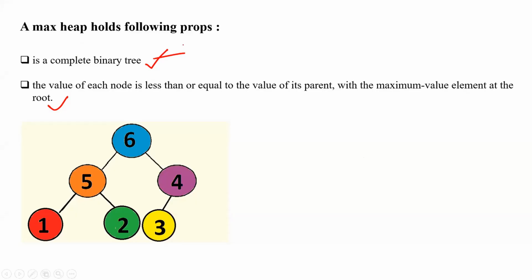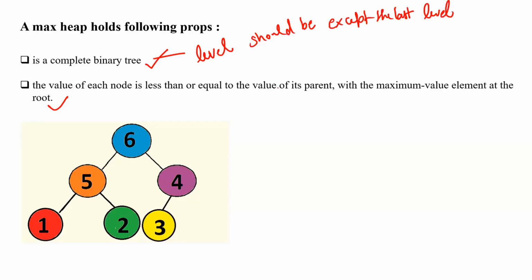First of all, there should be a doubt in your mind. A complete binary tree is a binary tree where every level should be completely filled except the last level, and the filling of the level should start from the left side. This is one of the important things to note down.